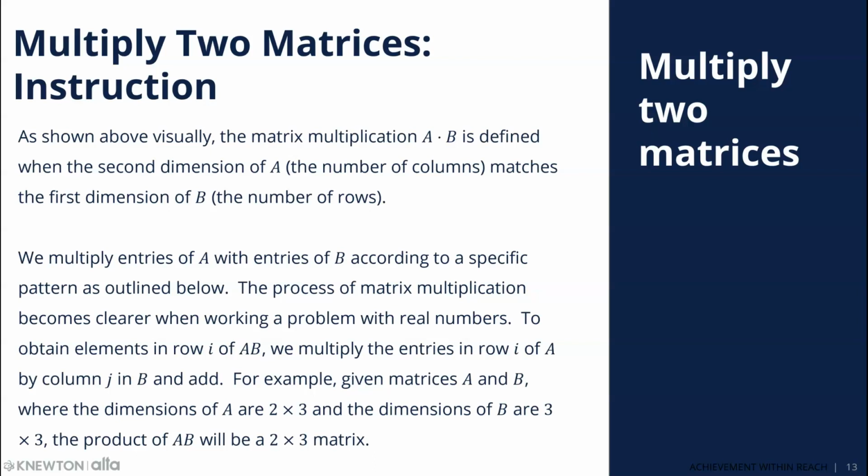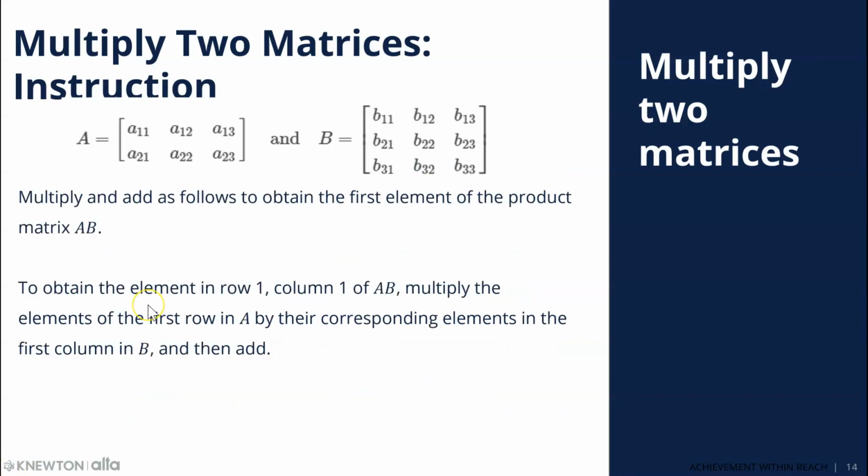So that means the ijth entry of the product AB can be obtained by multiplying the entries in row i of matrix A by the entries in the jth column of B, and then adding the products. To illustrate this, let us consider the following matrices.